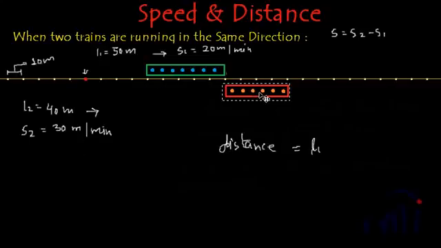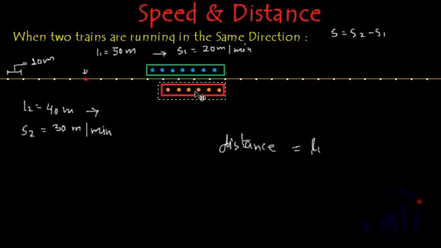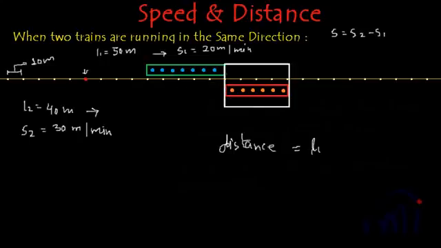In this process, the red train is actually traveling from here to here, and it is covering this much distance. Of course, the speed will be relative speed only, and the distance it is covering is equal to the length of the red train, which is L2.